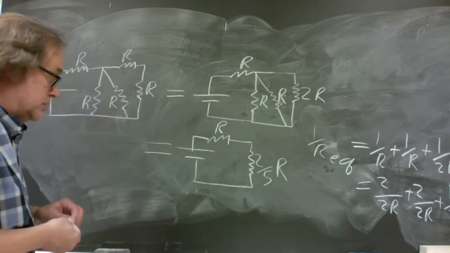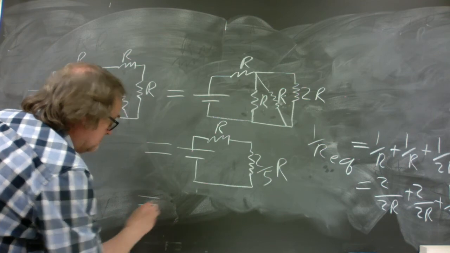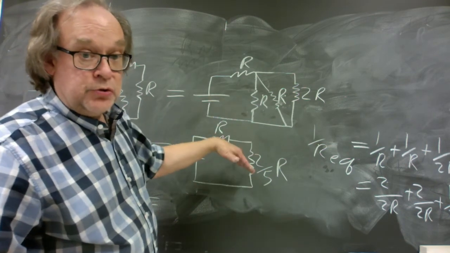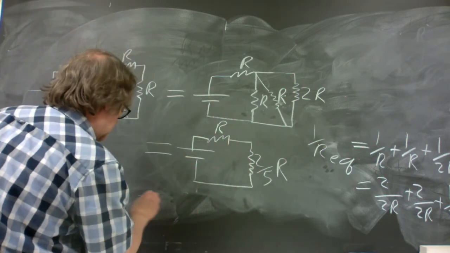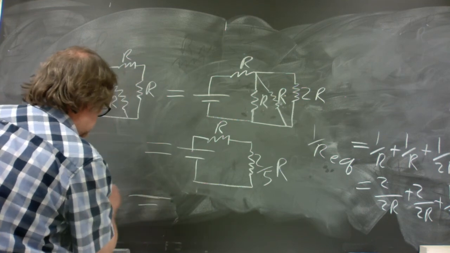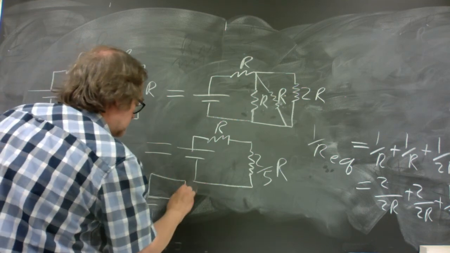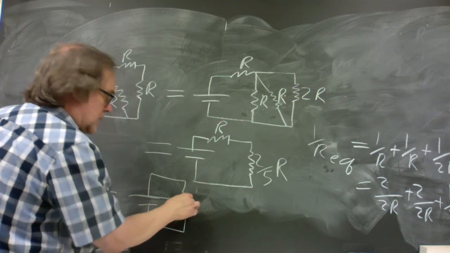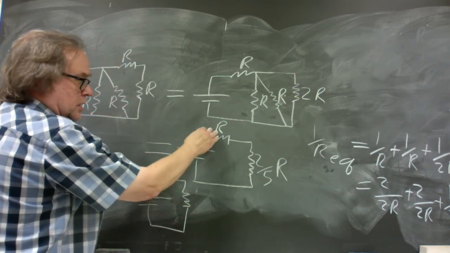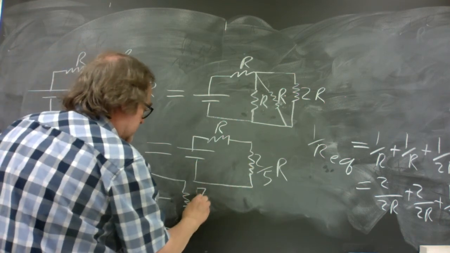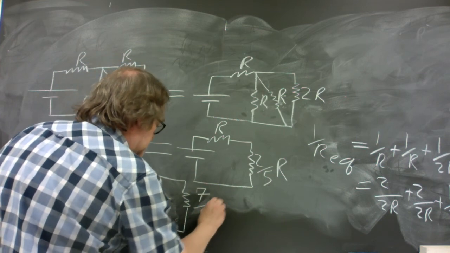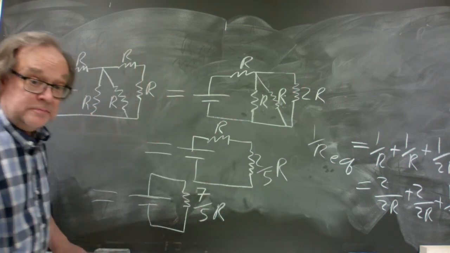So that's equivalent to just one resistor whose resistance is equal to the sum. And the sum then is just R plus 2/5 R, or 7/5 R.